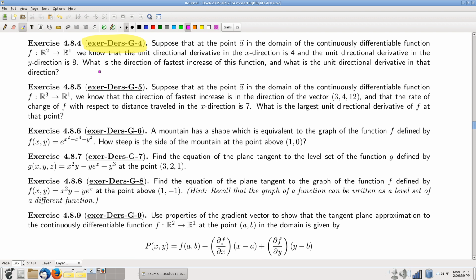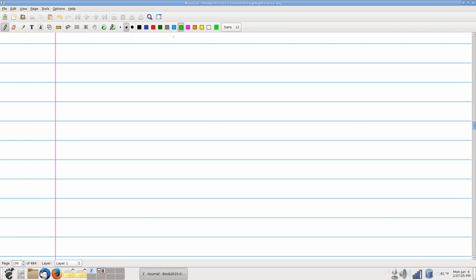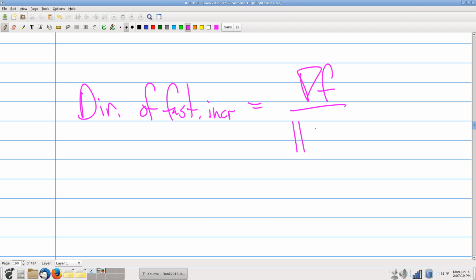Now, by the way, what is the question asking? What is the direction of fastest increase? Let me write this down. Direction of fastest increase. It's the unit vector direction indicated by the gradient.